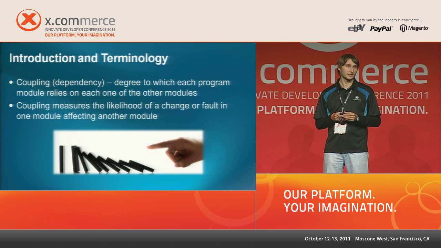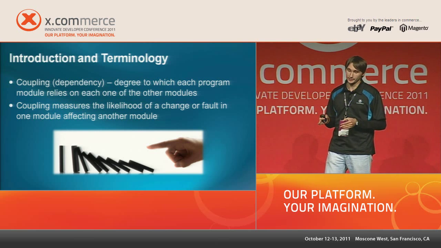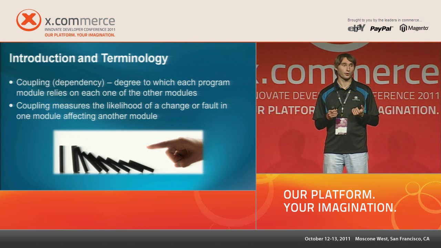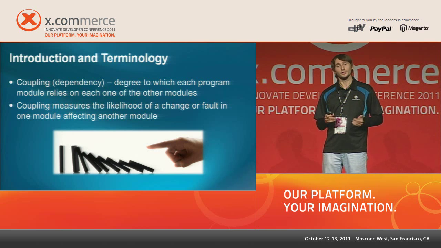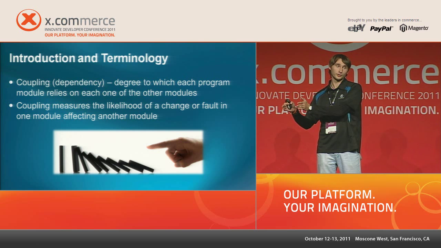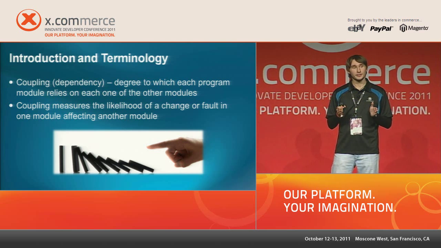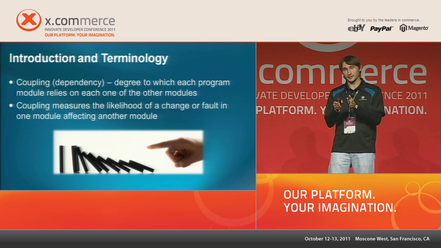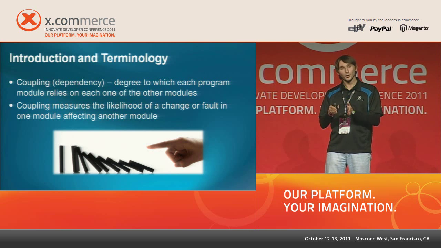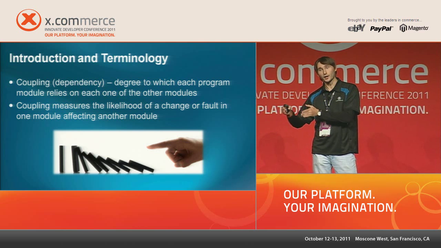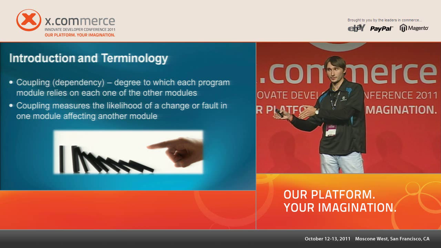Coupling or dependency, which is pretty much the same thing, means the degree to which each program module relies on each one of the other program modules in the system. So if the coupling is high, then a change in one module of the system most probably leads to changing or fixing other modules in the system.